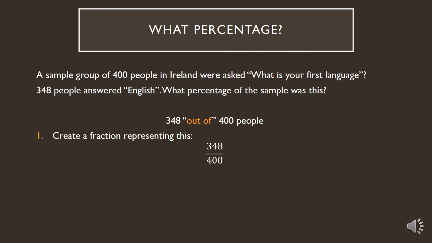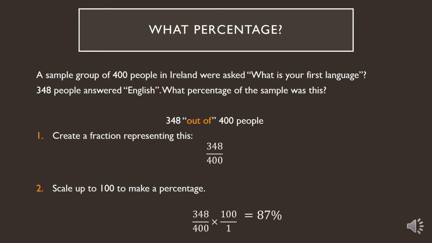This time we're not simplifying. And then scale it up to 100 to make a percentage. So your fraction multiplied by 100, and we get 87, and that is a percentage, so include the percent sign. Okay, so to recap that, make a fraction and multiply by 100, and you get your percentage.